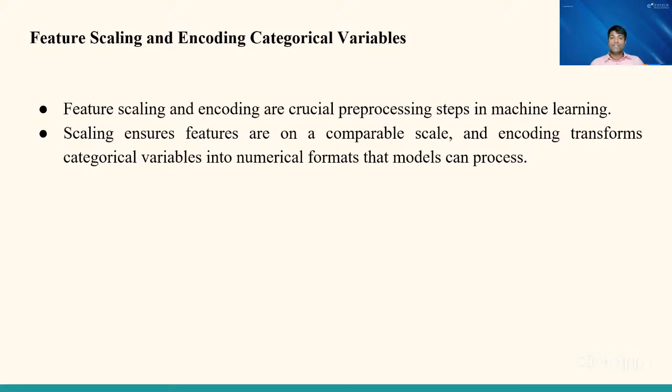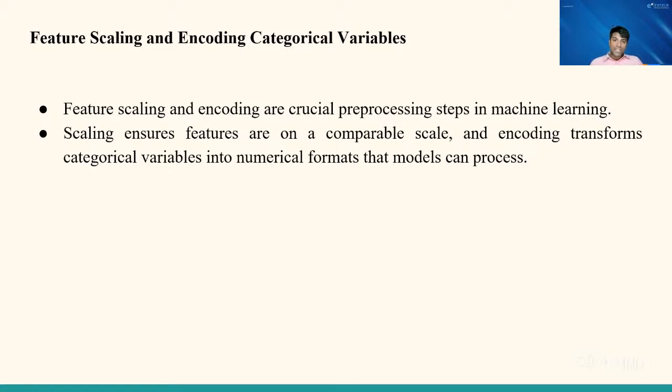For example, what happens if you don't do feature scaling? The features, variables, or columns will not be on the same page. Then to build a model, compare, and train them is very difficult.